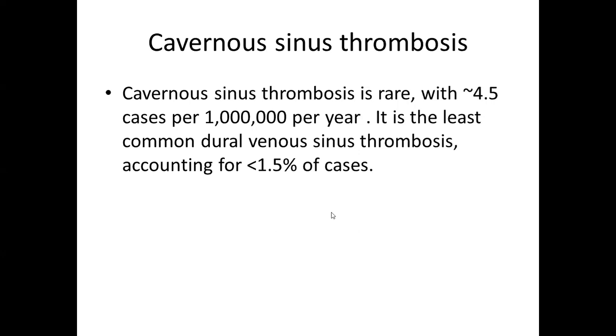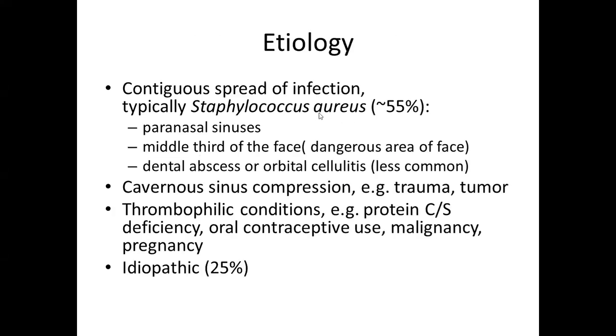Coming to cavernous sinus thrombosis, it is a rare disorder with 4.5 cases per million per year. It is the least common dural venous sinus thrombosis, accounting for less than 1.5% of CVTs. Etiology is mainly the continuous spread of infection, mainly by Staphylococcus aureus, from the paranasal sinuses, dental abscesses, orbitocellulitis, and the middle third of the face, the dangerous area of the face.